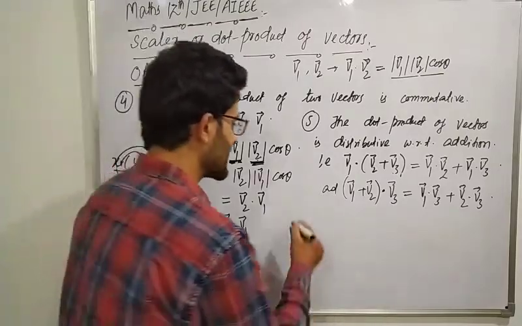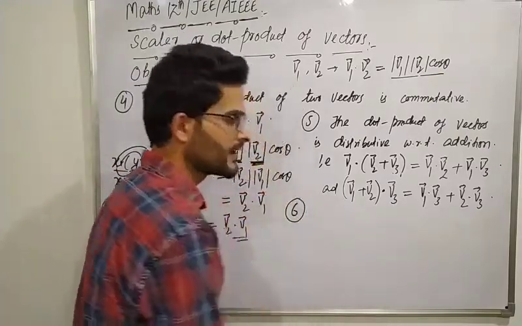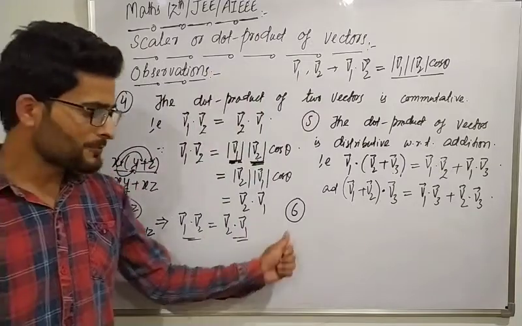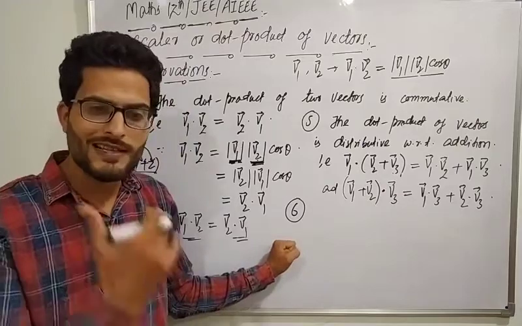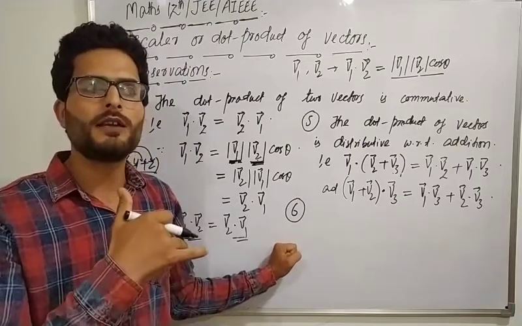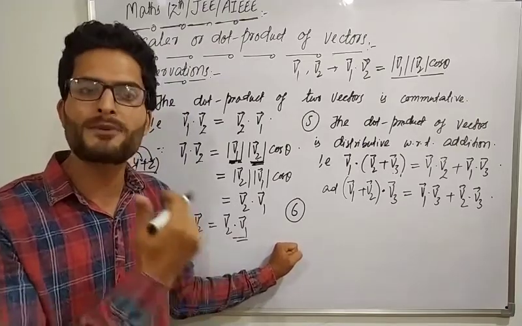Now comes the next observation, and that's observation sixth. In this observation sixth, which is again very much important, we will discuss the dot product of the unit vectors i cap, j cap, k cap.